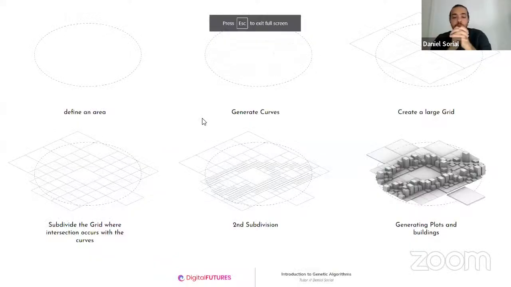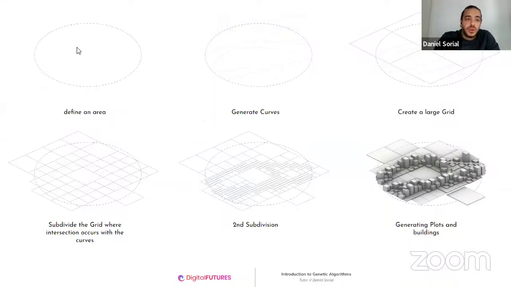Okay, so this is the process that we're going to go through. We're going to define an area that we're going to work on. Then we're going to generate curves. Okay, and then we'll add a specific behavior to this curve, right? So we're going to say that whenever there is an intersection between the curve and the grid, I want to subdivide this grid even more.